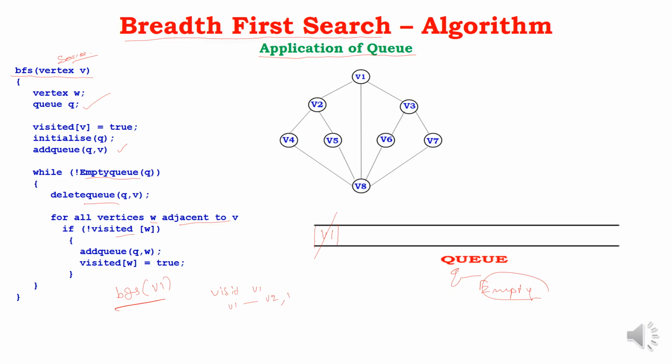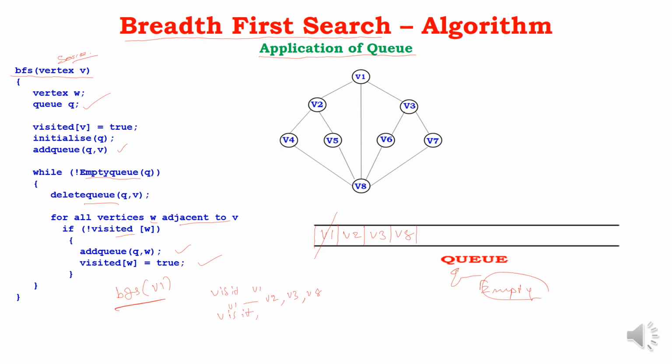V2, V3, V8. V2 is not visited, V3 is not visited, V8 is also not visited. Add them to Q. V2 is added to Q, V3 is added to Q, V8 is added to Q. Then visit them.